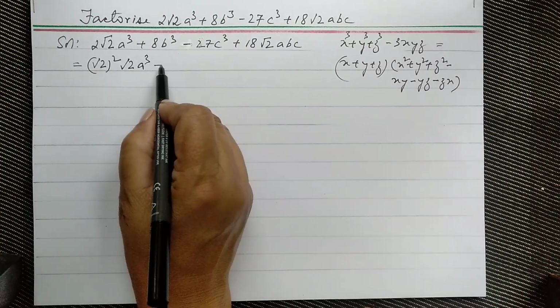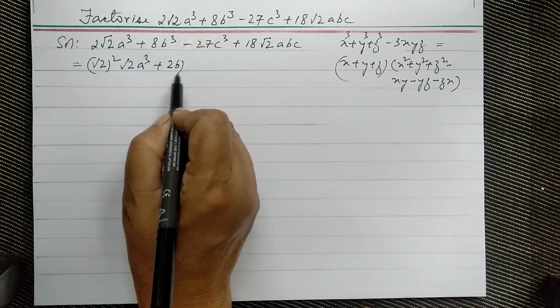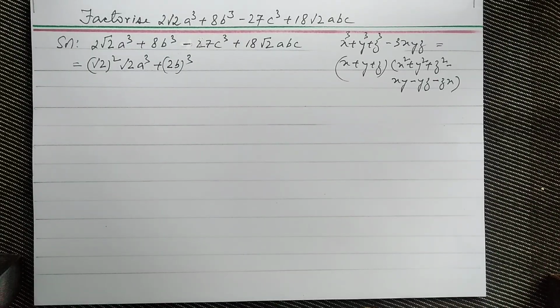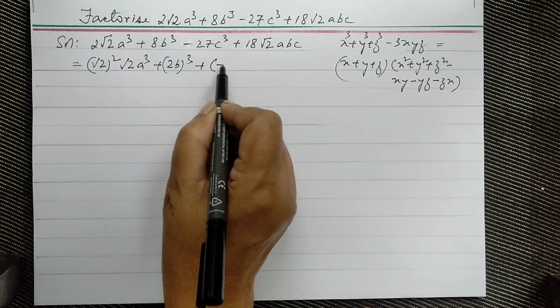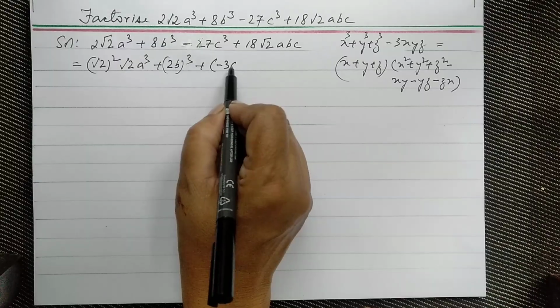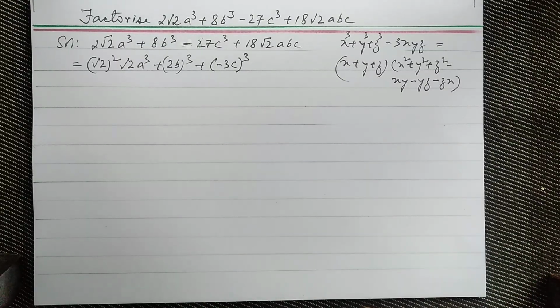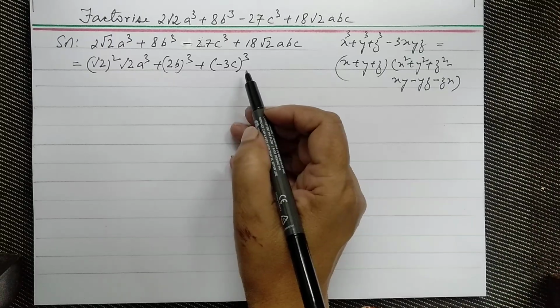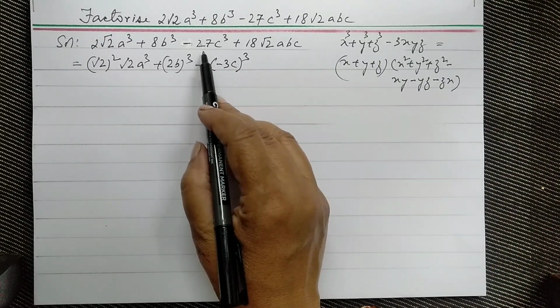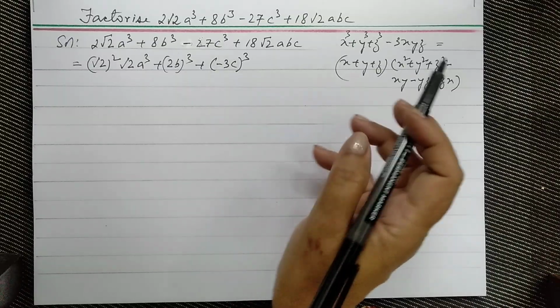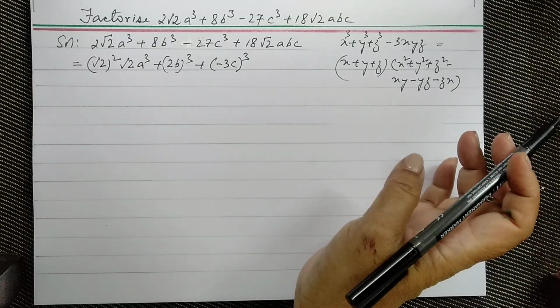For this, can we write 2b to the power 3? Again, a plus sign here in bracket. Can we write 3c whole cube? Minus 3c into minus 3c into minus 3c will give me 27c cube.